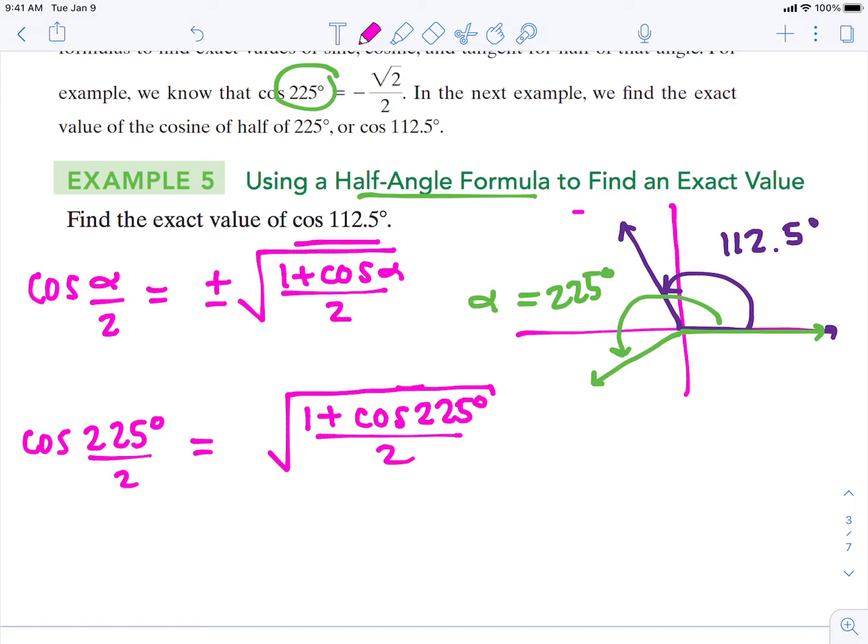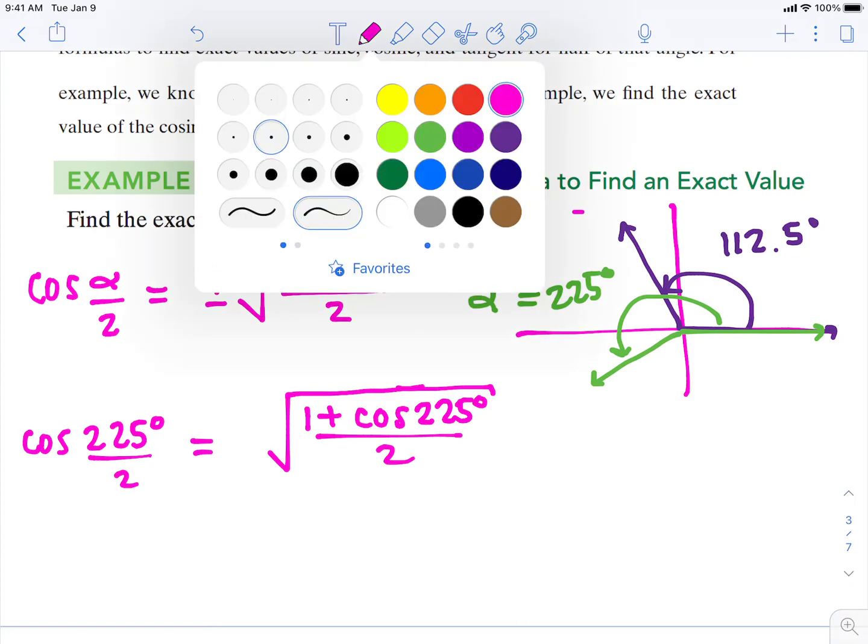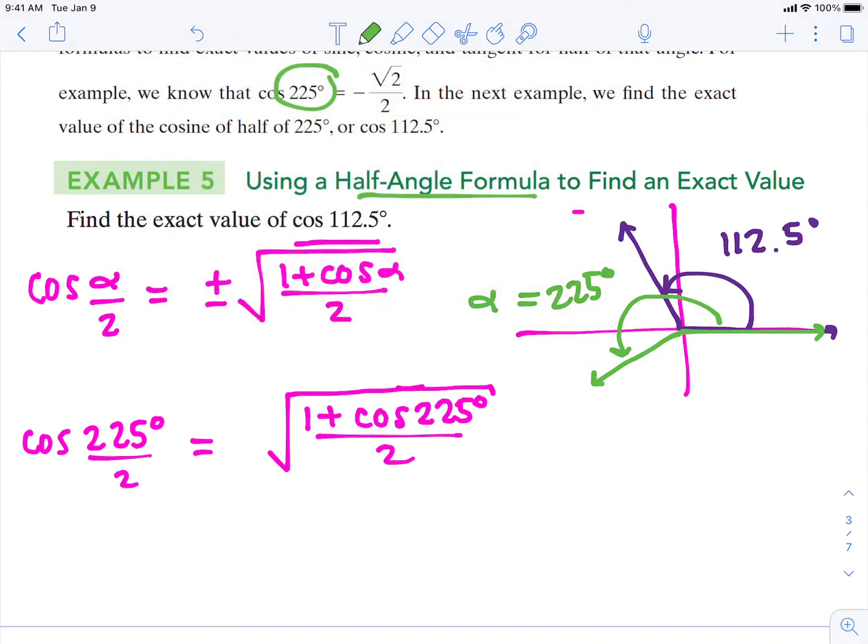Now our unit circle we did memorize in Unit 4. It has the ordered pair x comma y, negative square root of 2 over 2, comma, negative square root of 2 over 2. Remember, this is our cosine, and that's our sine.